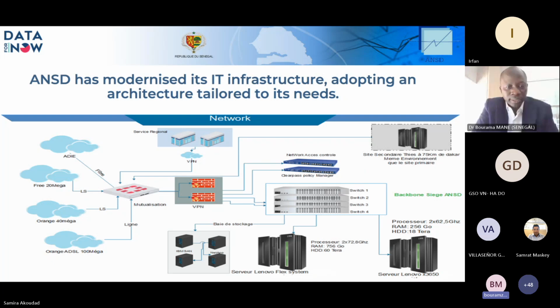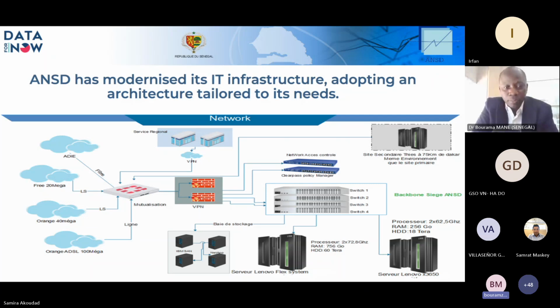This configuration is also done with the backbone, with four switches, and all these switches are interconnected with two nodes of servers. We have a production server, and we have a test server.